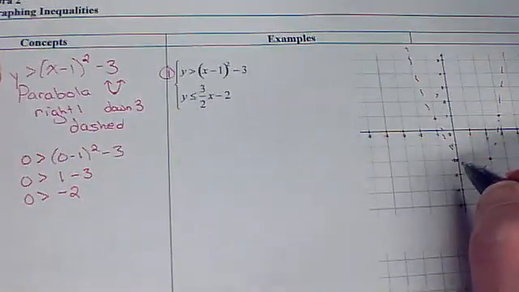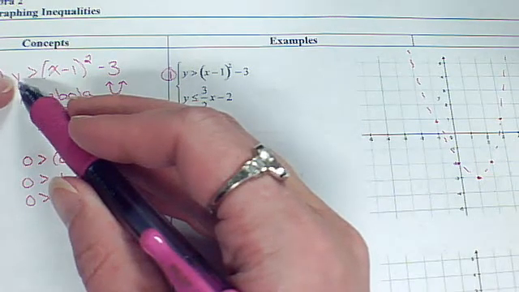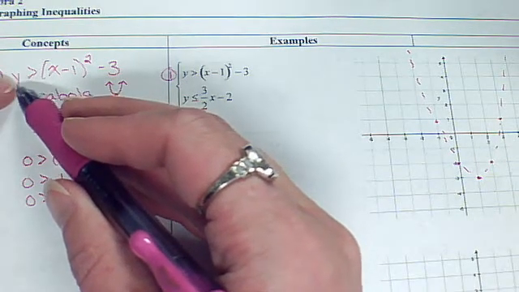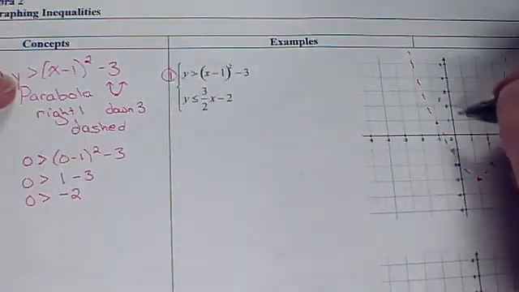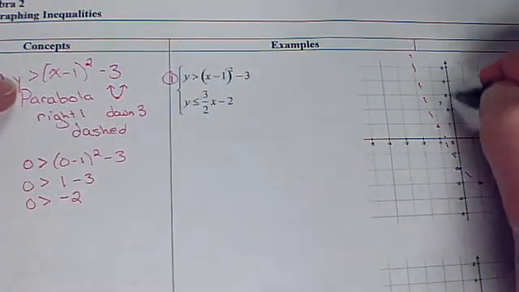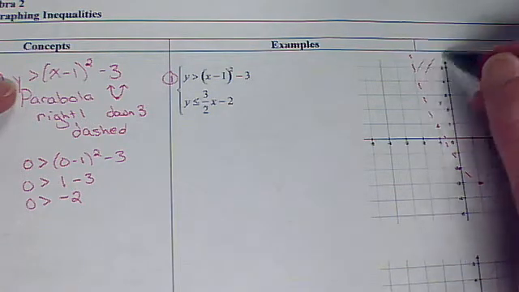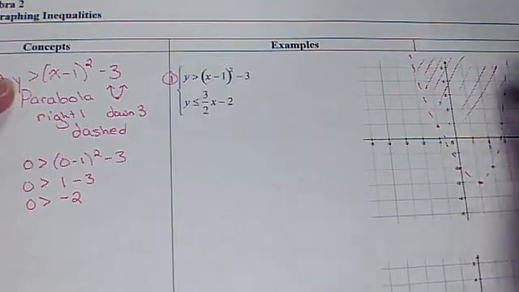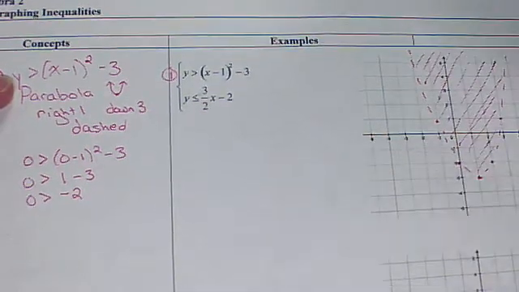Now another way you can think about that is when it's got y on the left side by itself, which way are the y's greater than that graph? Which way do the y's get bigger? Up this way. So can you see that 0, 0 would be included if you went up your y-axis this way? Or above the parabola.